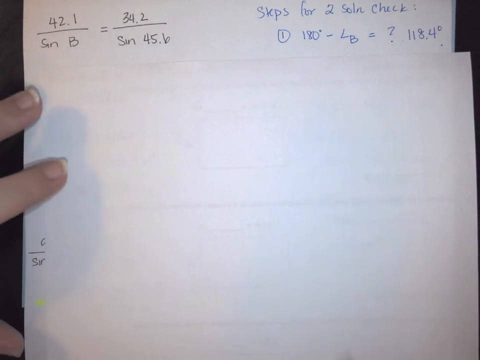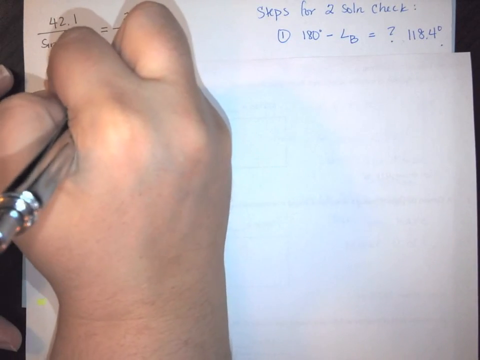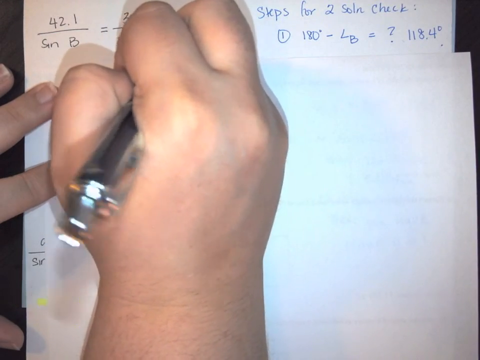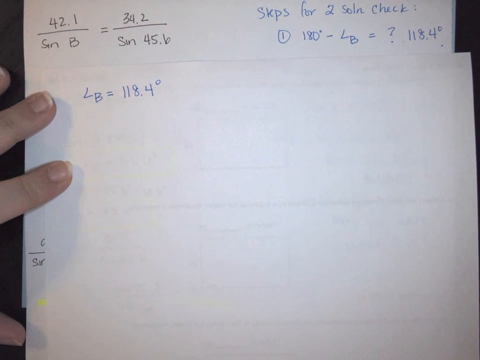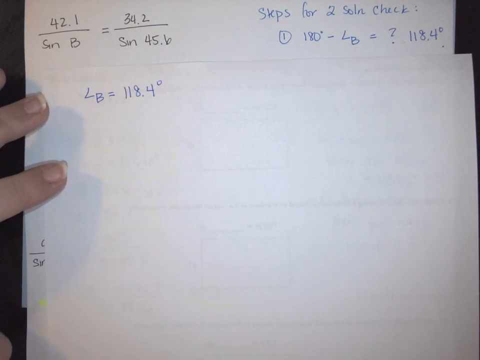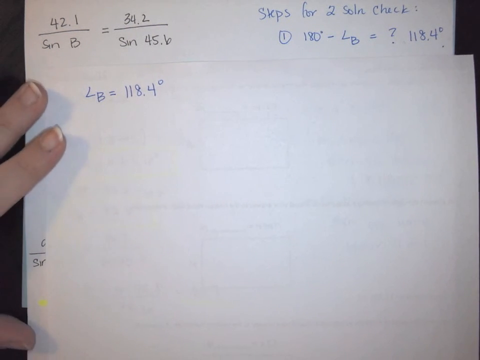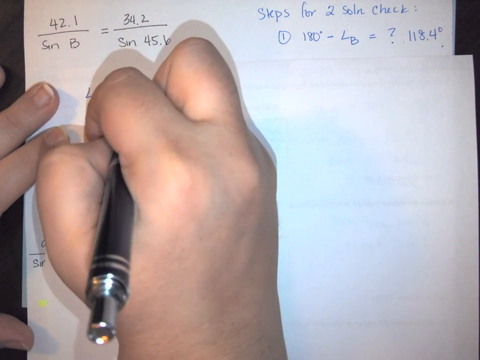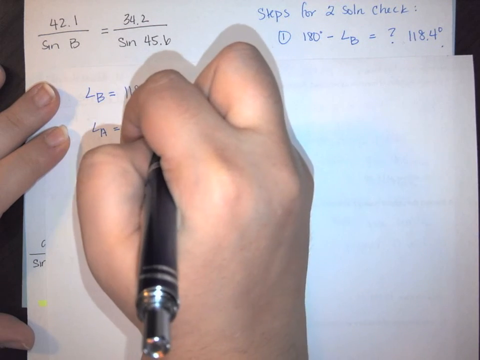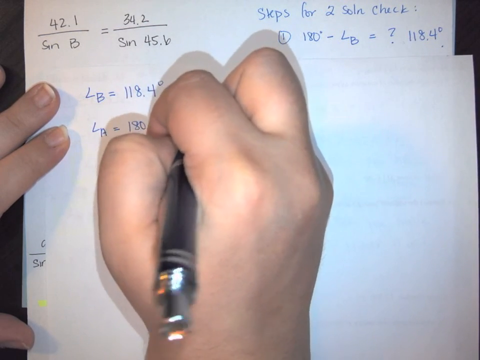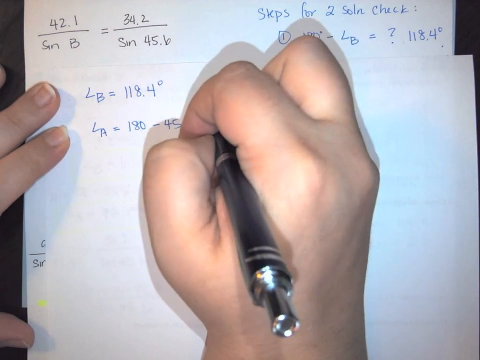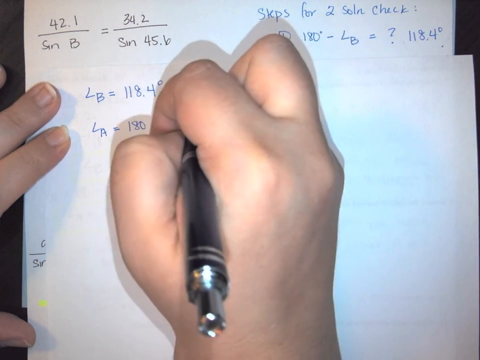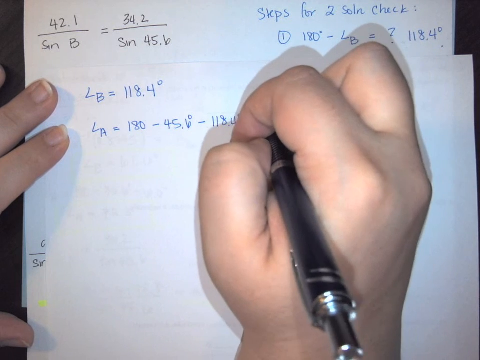Then we can find our new side A. So we have A over the sine of 16 is equal to 34.2 over the sine of 45.6. And in this case, we would find that A is equal to 34.2 times the sine of 16 over the sine of 45.6.